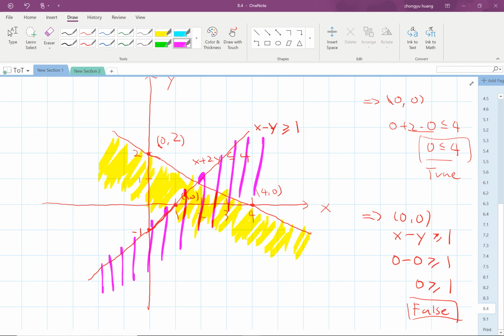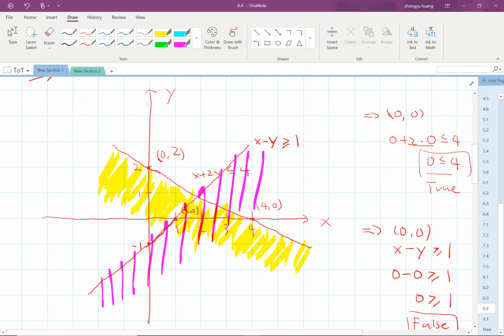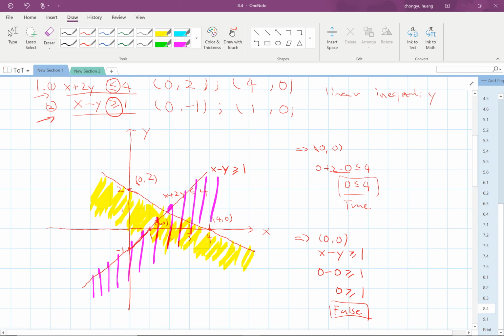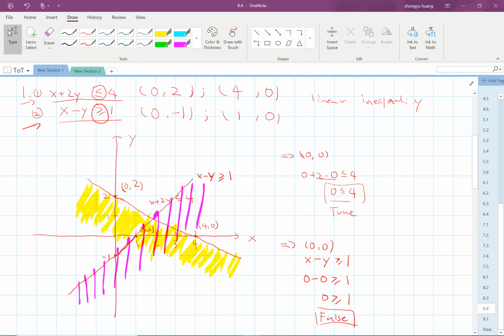Take a look. Let me check again. Now, as you can see, we have finished graphing both of the linear inequalities, right?